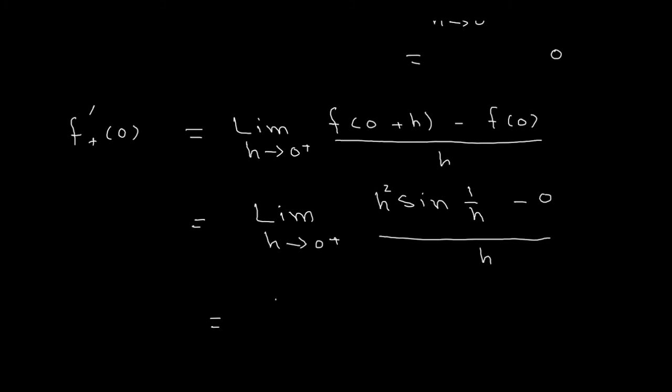After simplifying we will get the limit of h sine of 1 over h, and after applying the limit this is 0.